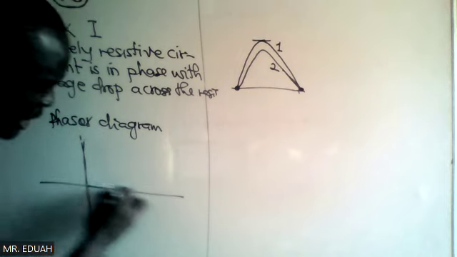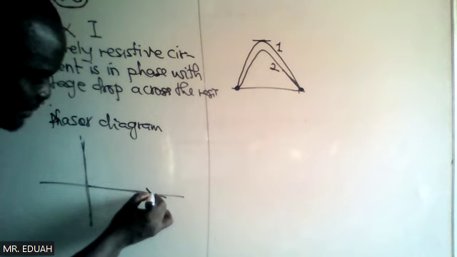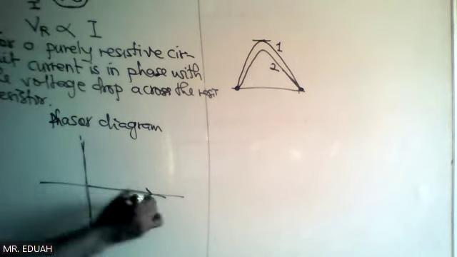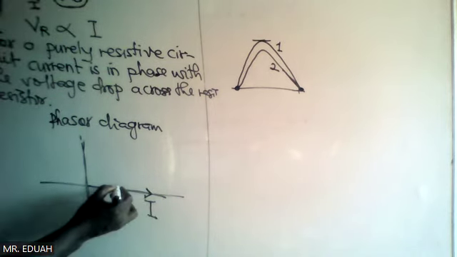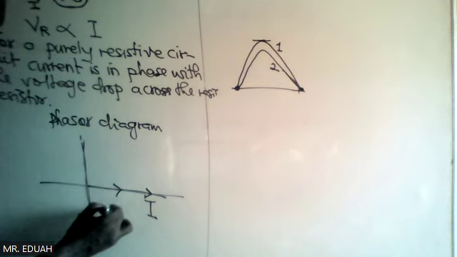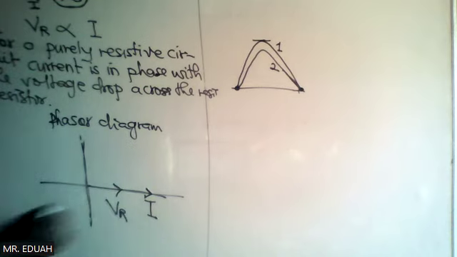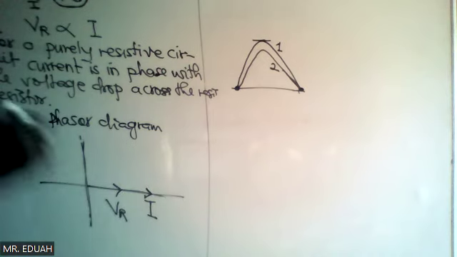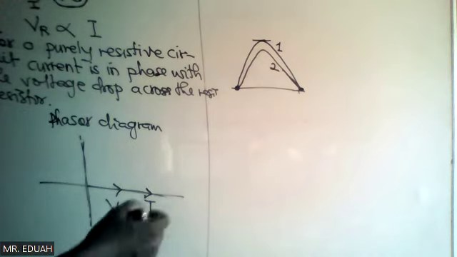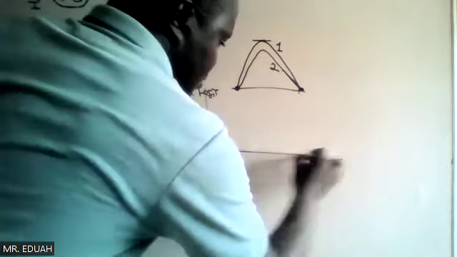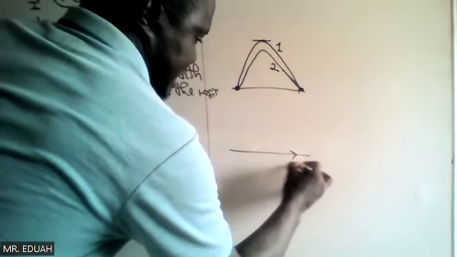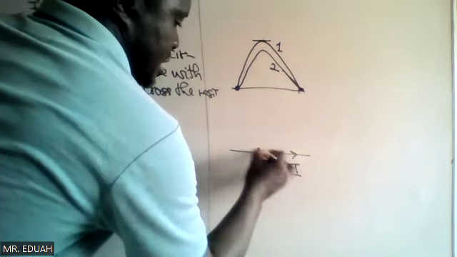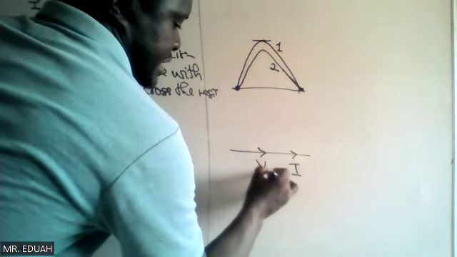So the current direction I is the same as the voltage direction VR. This is the phasor diagram. For purely resistive circuits, we usually represent it as just these two lines.